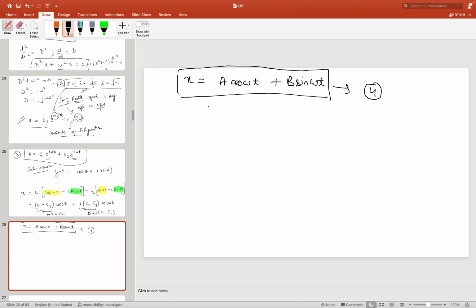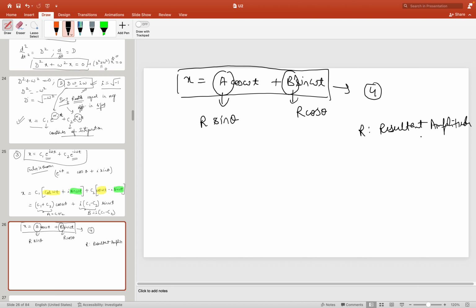Now we can further simplify this equation by taking a and b as, let a is equal to r sin theta and b is equal to r cos theta, just to simplify the terms, where r is the resultant amplitude of this simple harmonic motion, and theta is the phase with which the vibrations have been created.